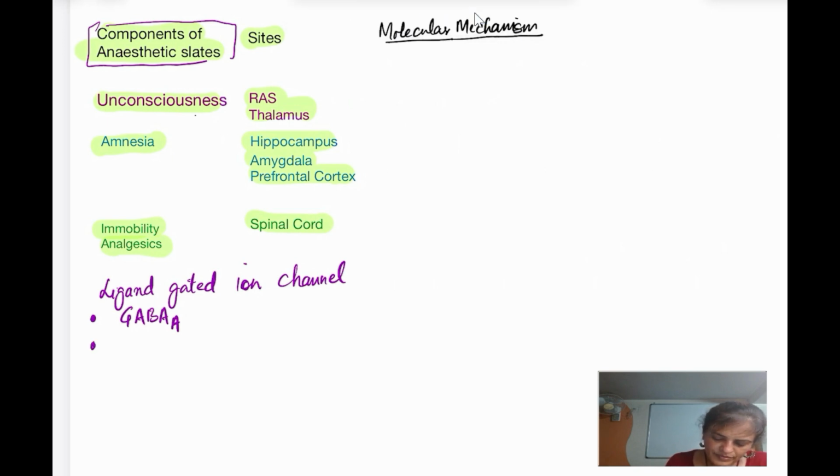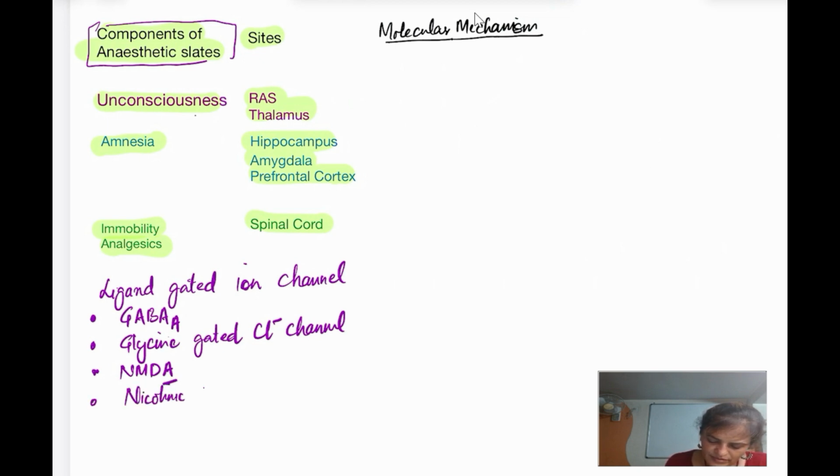Then we have a glycine gated chloride channel. Then the third one is NMDA. Then we have a nicotinic receptor. So acetylcholine wala uska nicotinic, not the muscarinic receptor.